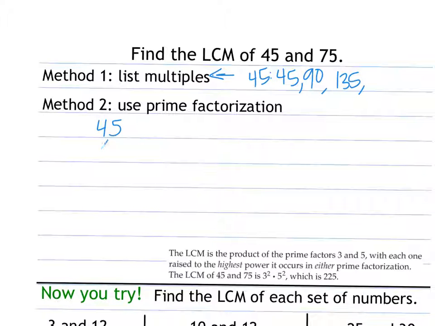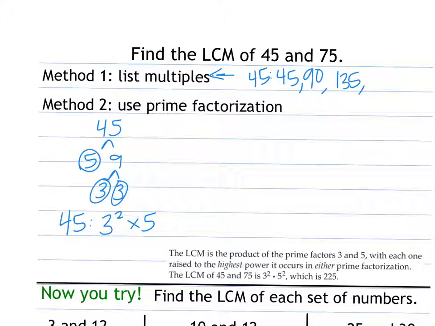The prime factorization method. 45 can be split into 5 and 9, 5 being prime. 9 would be 3 and 3. Both of those are prime. Now in this case, with 45, we have 3 twice, so we are going to write it with exponents. So 3 squared times 5.